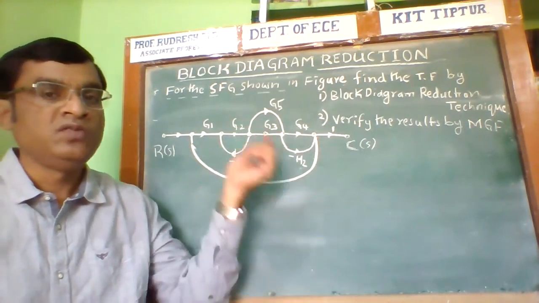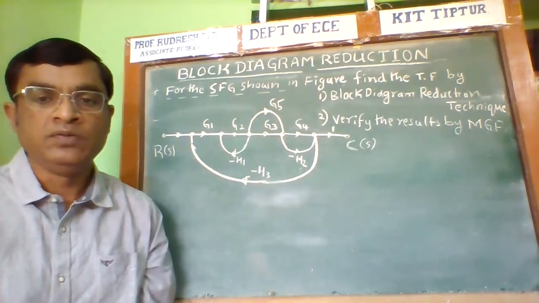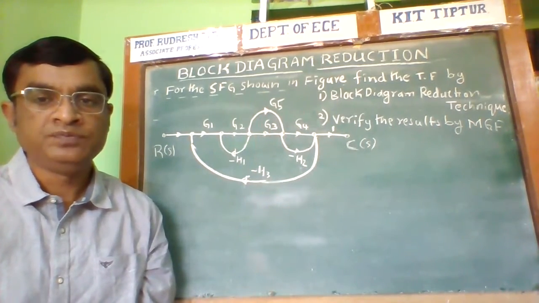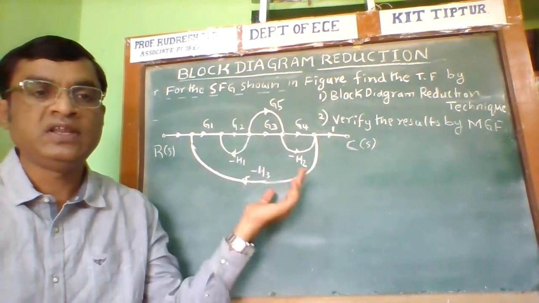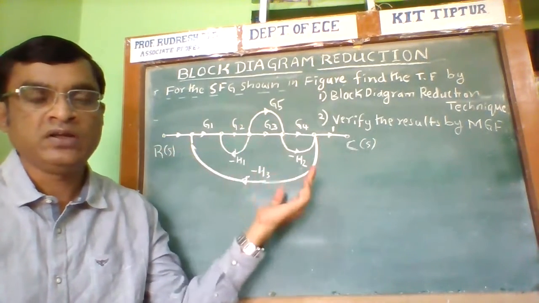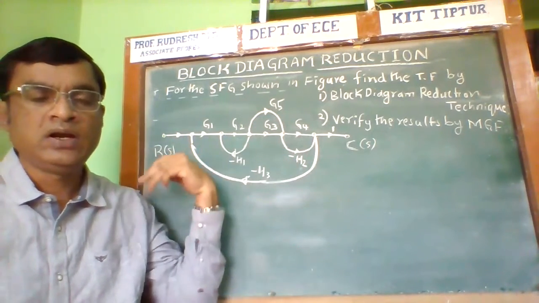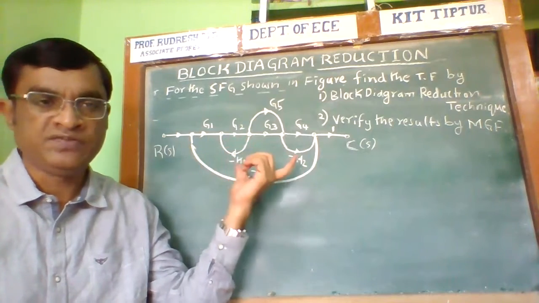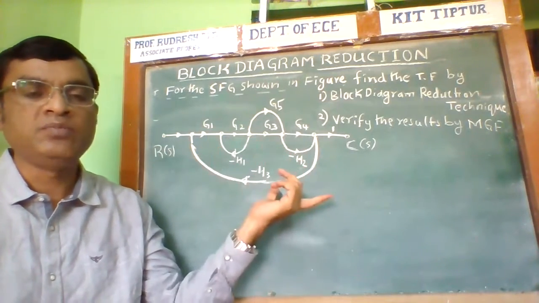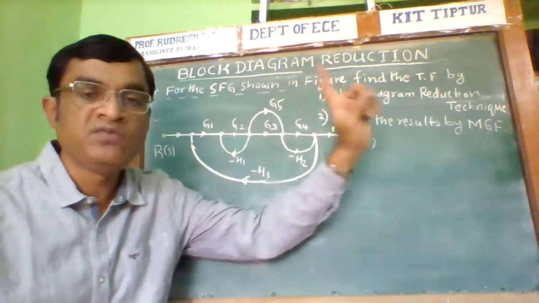And also verify the result by using Mason's gain formula. After converting the signal flow graph into the block diagram and applying the rules of block diagram algebra to find the transfer function, that result can be verified by using Mason's gain formula.